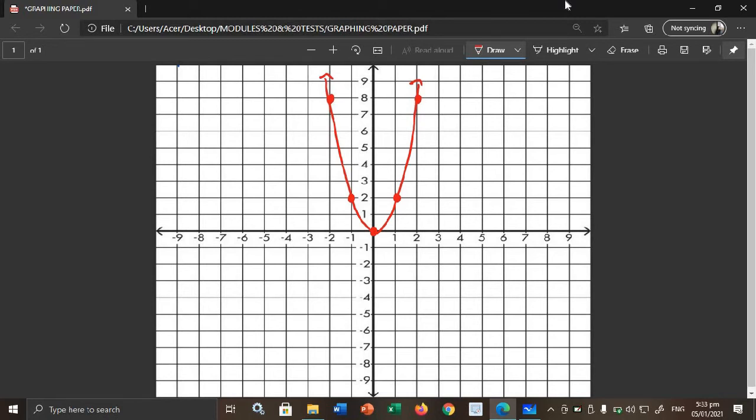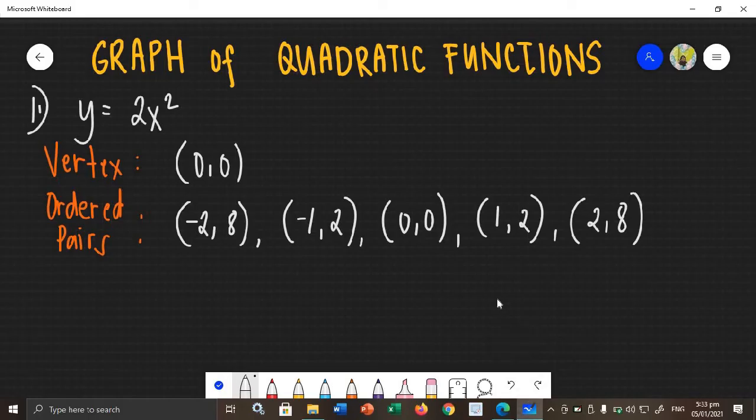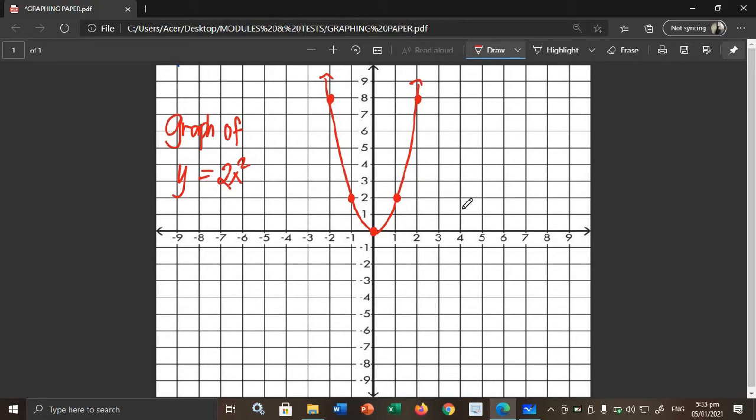So, yan yung graph ng function natin. So, this is the graph of y is equal to 2x squared, and then yung mga values na sinulat natin kanina, you're going to write that below the graph.